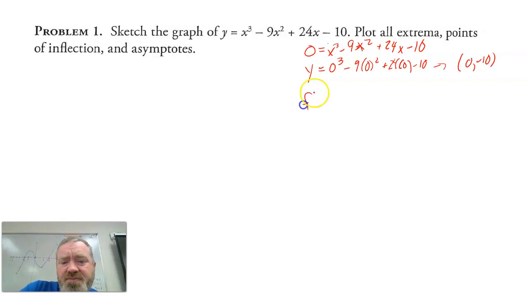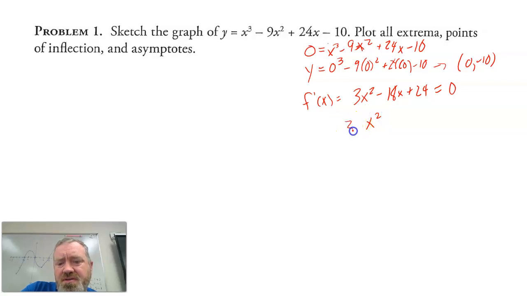First derivative, f prime of x is equal to 3x squared minus 18x plus 24. Now let's make that equal to 0 to find critical values. Take out a 3 from everything: x squared minus 6x plus 8.